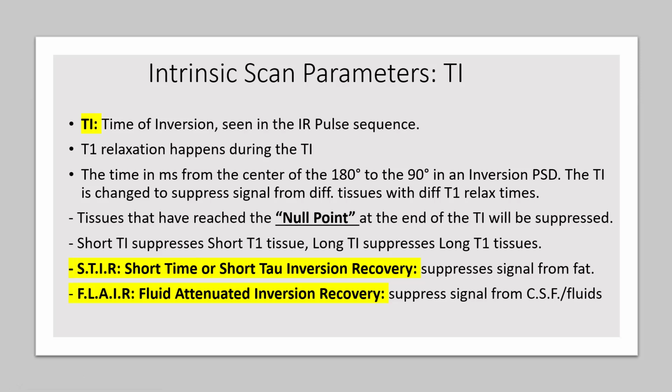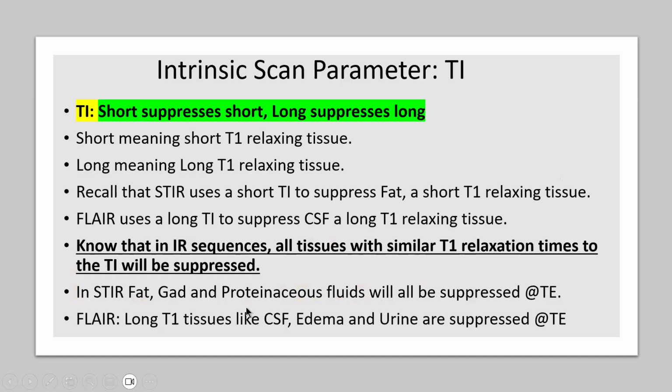So STIR, short time, or sometimes short tau. Remember, time and tau can be interchanged. FLAIR is fluid attenuated inversion recovery. So as soon as you hear FLAIR, you're going, fluid's getting suppressed. So an easy way to remember these is short suppresses short, long suppresses long, okay?